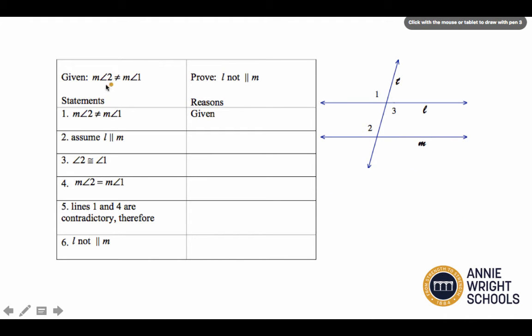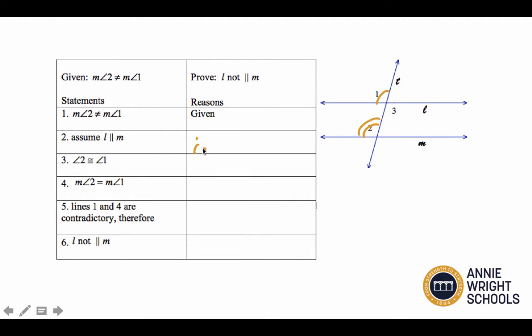Taking this proof, the measure of angle 2 does not equal the measure of angle 1. That is given to be true. And we want to prove that if the measure of angle 1 does not equal the measure of angle 2, then L and M are not parallel.